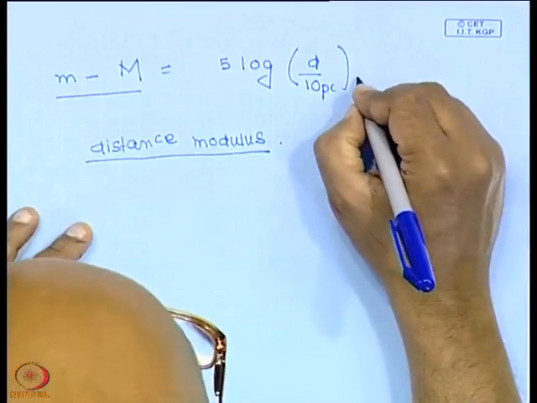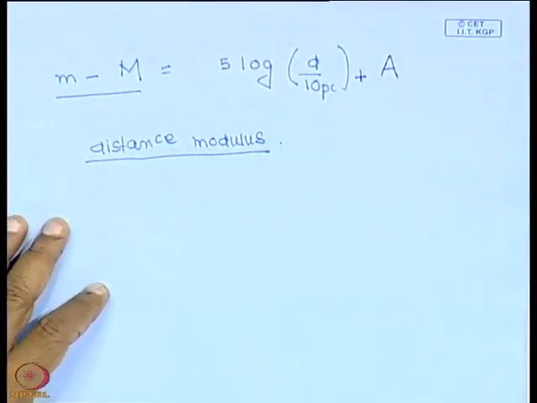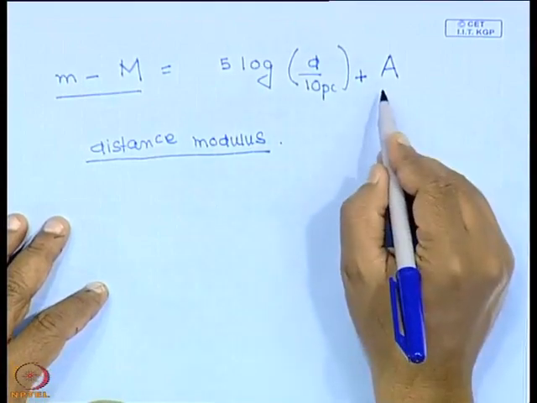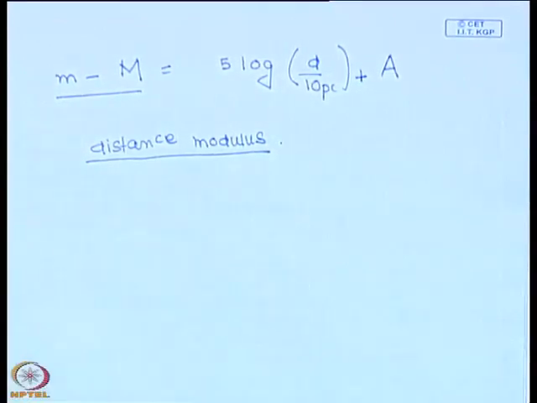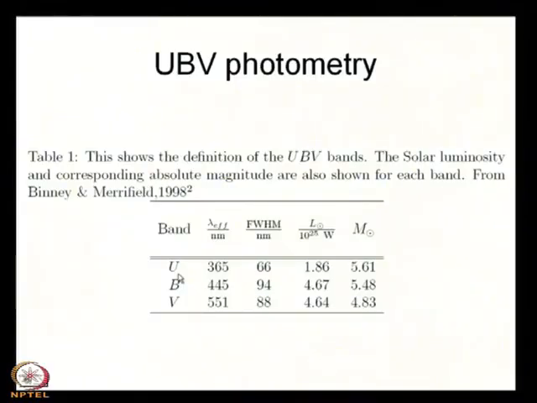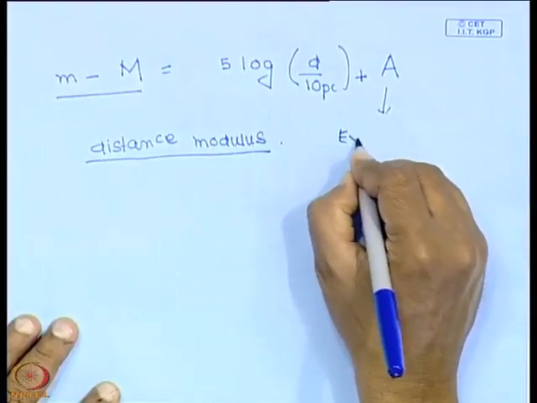So you have to put in this extinction parameter A, and bear in mind that this extinction coefficient is extremely wavelength dependent. So it would be different in different bands. This is the first thing, which takes into account extinction.